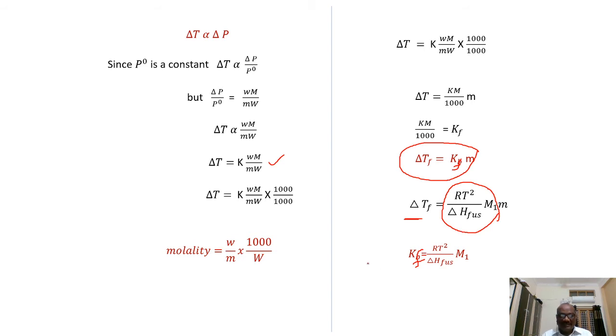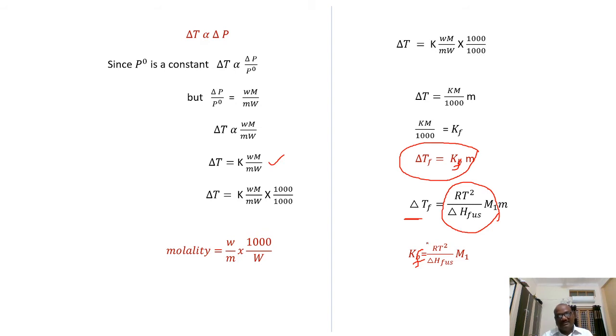What is the meaning of Kf? Kf is called the cryoscopic constant, or molar depression constant. What is the equation for Kf? RT square divided by delta H fusion into M1. R is the universal gas constant.